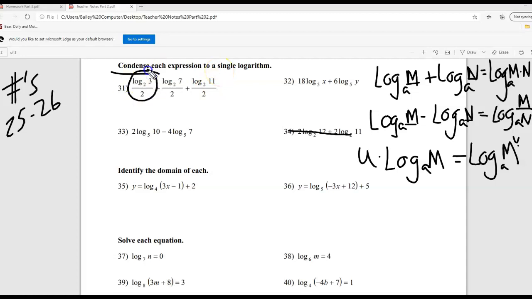This is not a log rule. This is just a basic math rule. I'm going to write this as, instead of log 2 of 3 being divided by 2, I'm going to write it as log 2 of 3 being multiplied by a half. And that really is the same thing.